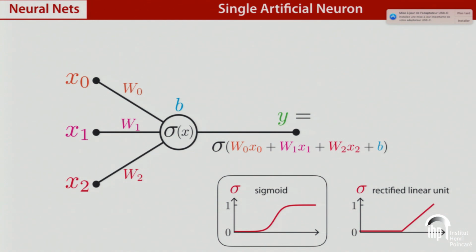The weights can be adjusted, and the moment at which the neuron fires is given by the bias term associated with the neuron. In this case, we get a very simple sigmoid function at the output. In practice, most people use other activation functions because they are easier to compute, such as the rectified linear unit, but as soon as it's nonlinear, it's enough.